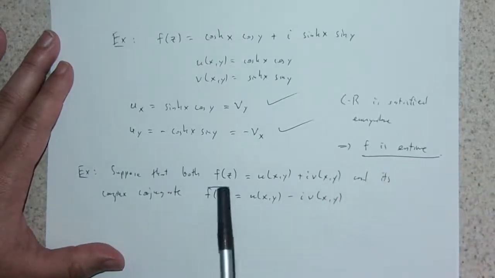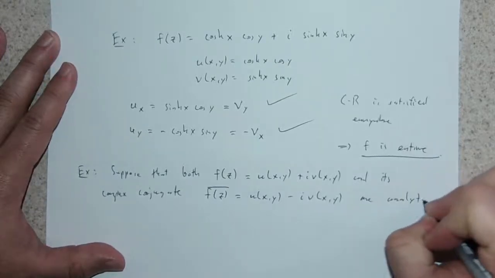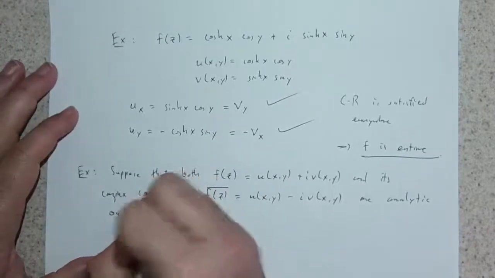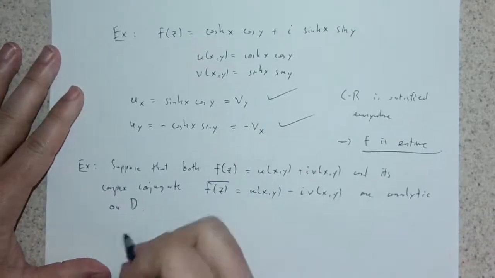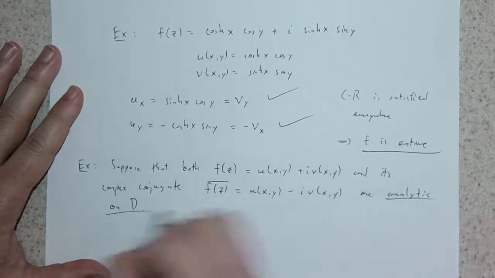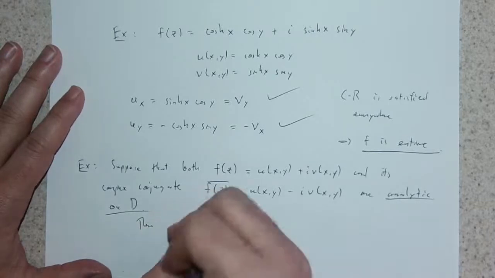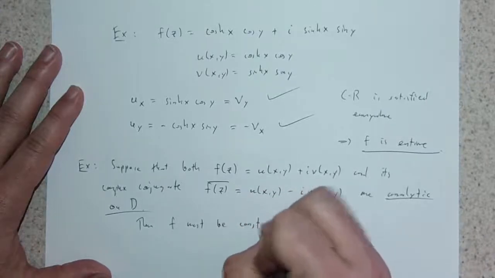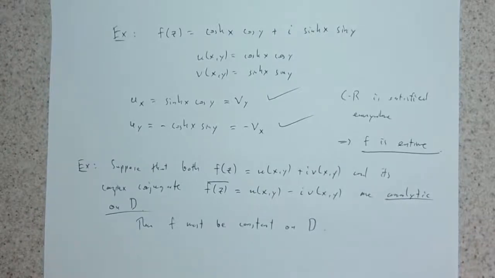Suppose that both f and f bar are analytic on D. So both of these, both function and its conjugate, are analytic on D. Then f must be constant on D.